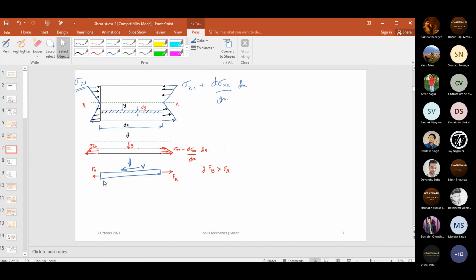But now let me take a very small strip of dy at a distance y from the neutral axis. You see, I have taken this strip.